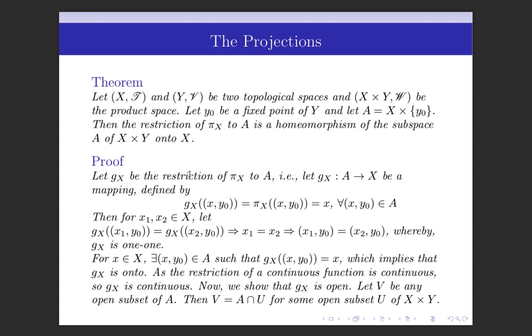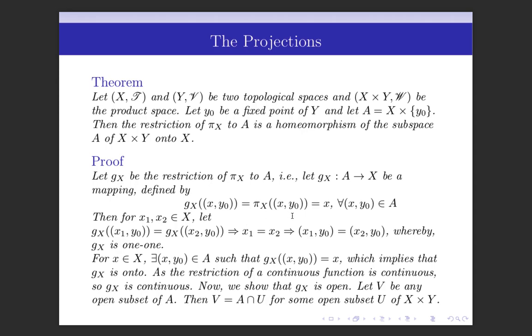Let g_X be the restriction of π_X to A. That is, g_X is a mapping from A to X and it is defined as g_X(x, y₀) = π_X(x, y₀).